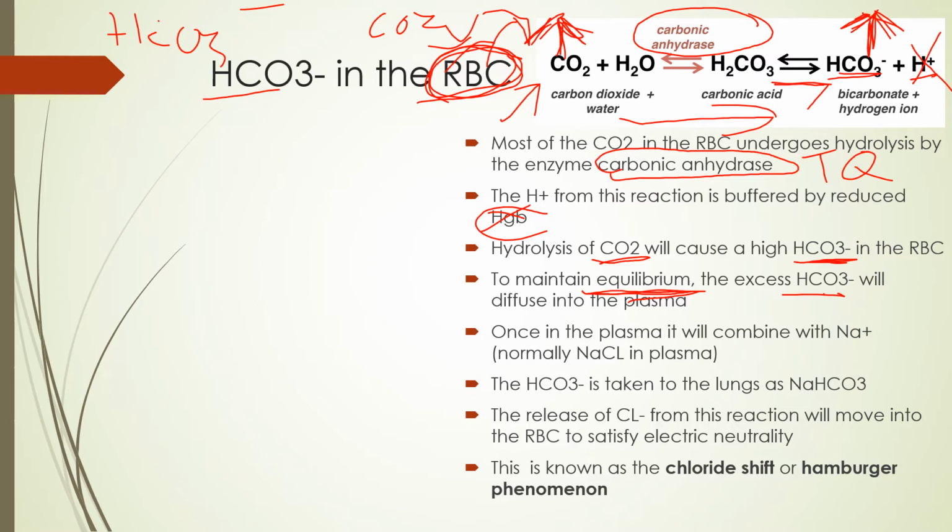So once it goes into the plasma, it sees something in the plasma that it really likes. So normally floating around in your plasma, you have sodium chloride, also known as salt, right? So NaCl, sodium is positive, it's a cation. Chloride's negative, it's an anion.